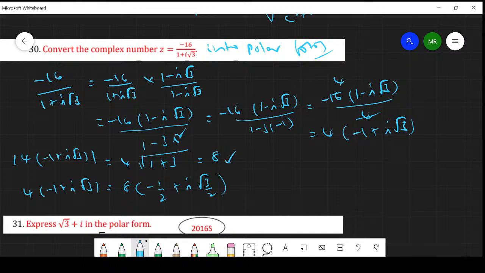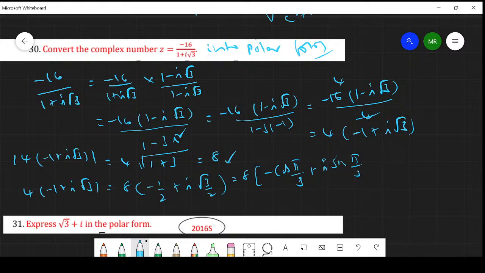Because I want 8 outside, and just 4 is there, multiply by 2 and divide by 2. This I can write as 8 into minus cos pi by 3 plus i sin pi by 3, because sin 60 is root 3 by 2 and cos 60 is 1 by 2, so you write minus cos pi by 3.